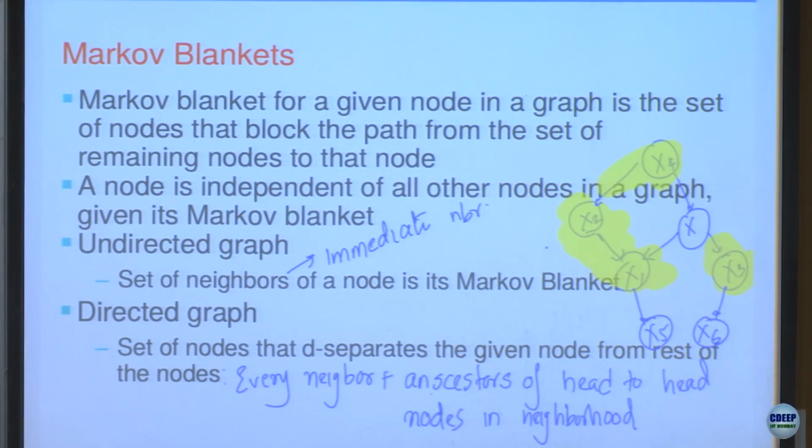I will walk up from x1 to x2 because x1 unblocks, I will get x2. Is x2 good enough? Do I have to go further up or down? x2 itself might be a head-to-head node, right? So that's the case we need to consider. x2, therefore we are talking about ancestors.